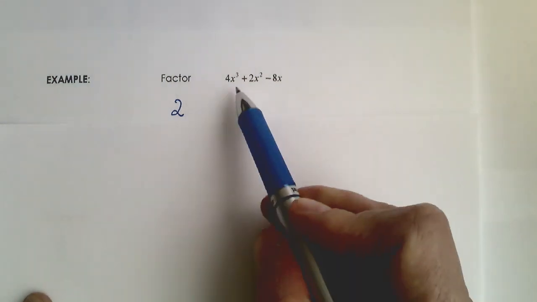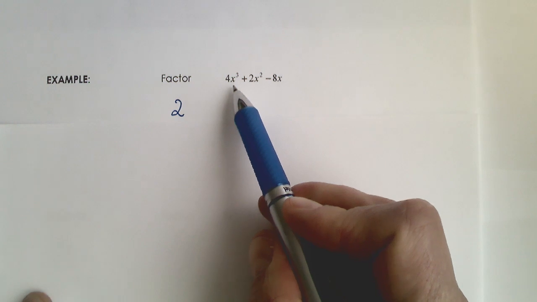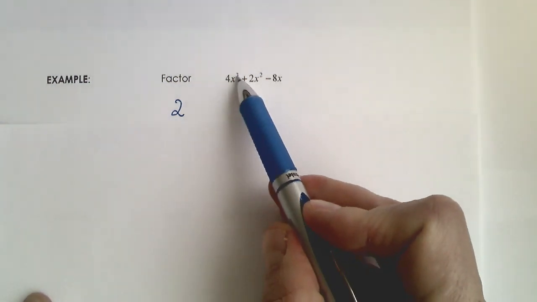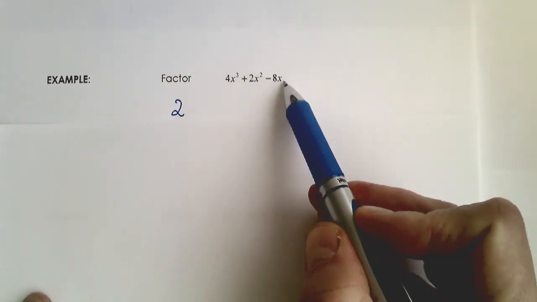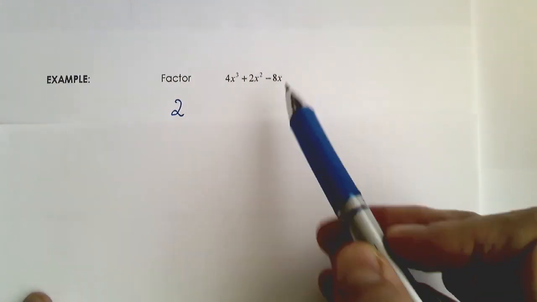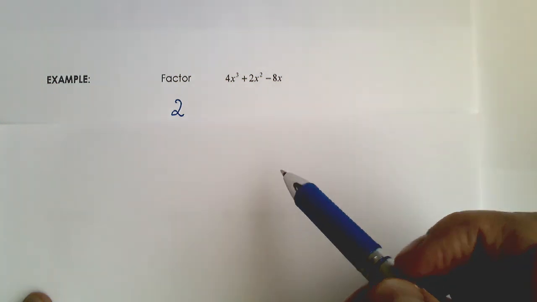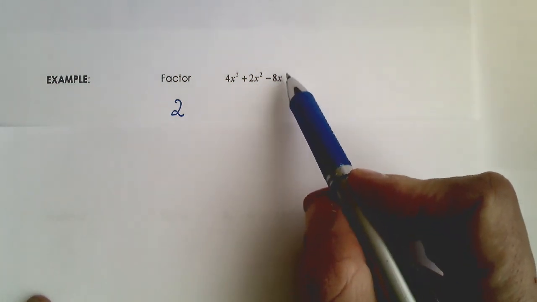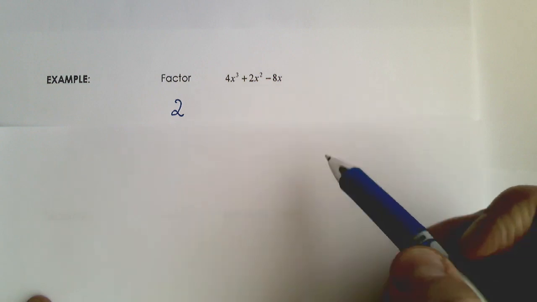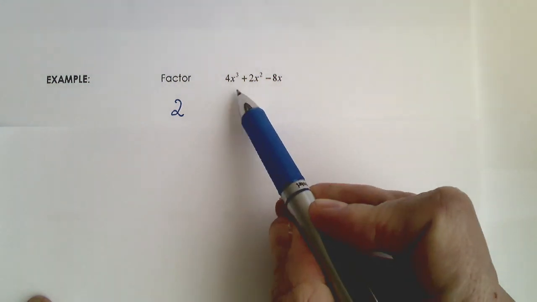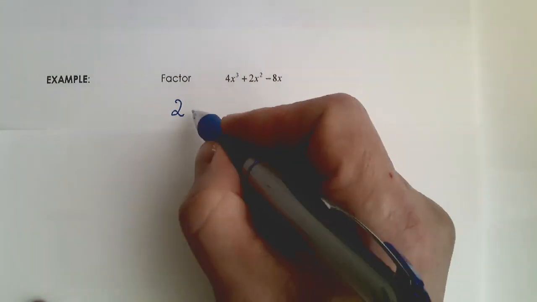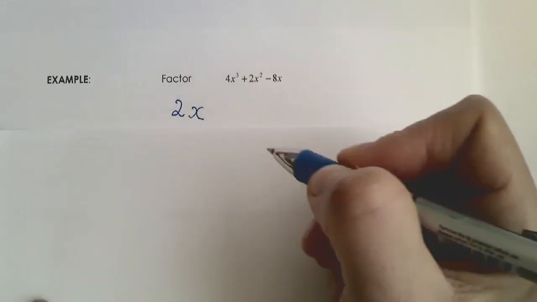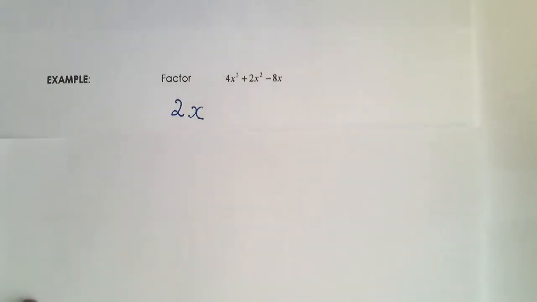And then you will look at the variables. I only have one type of variable, x, and you will then check the exponents. This is to the power of 3, this is to the power of 2, and this is to the power of 1. And then I will find the variable with the lowest exponent, which is x to the power of 1. And that is going to be my greatest common factor with respect to x. So I will say x is the greatest common factor there.